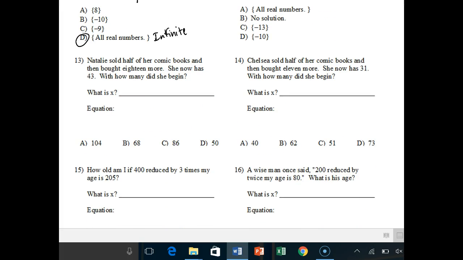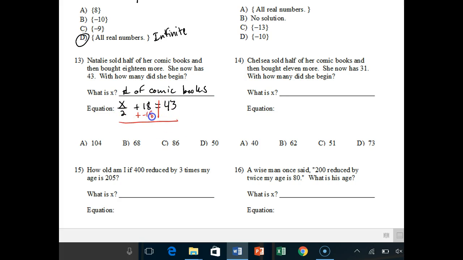All right, number 13. Natalie sold half of her comic books and then bought 18 more. She now has 43. How many did she begin with? Number of comic books is what x is, and she sold half of them, so that's x cut in half, then bought 18 more, and now she has 43. Right, so just a two-step equation.